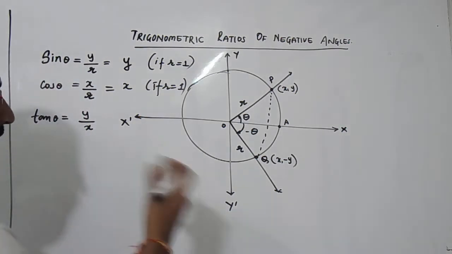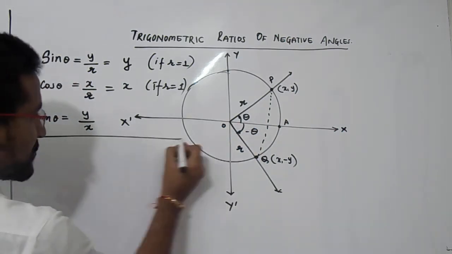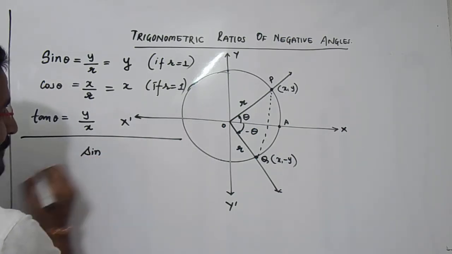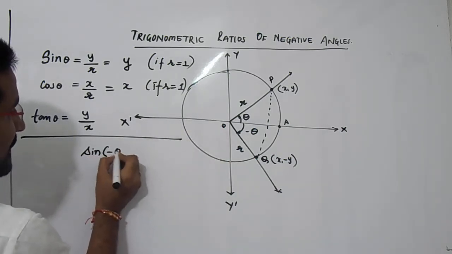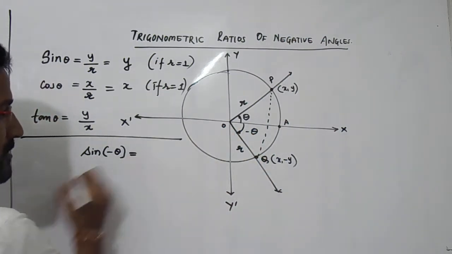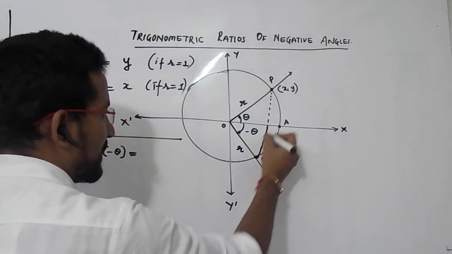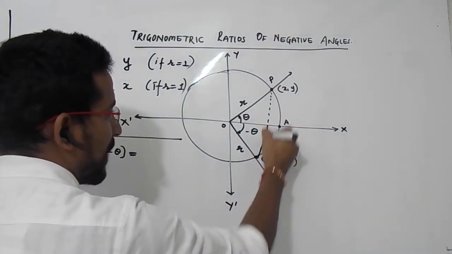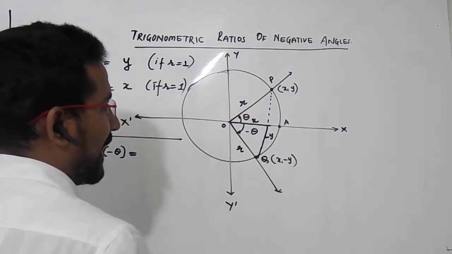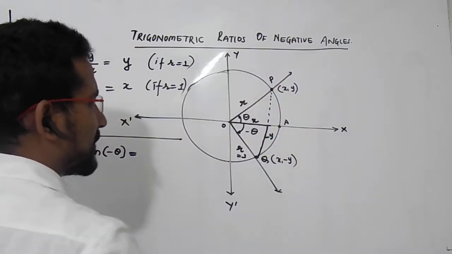Now if the angle is negative, what will be the trigonometric ratios? First I'll take the sine function. Sine of minus theta: here this represents minus y, this part represents x, and this is r, and we have taken r equal to 1 unit, so it's a unit circle.